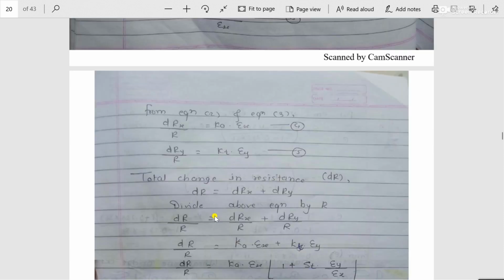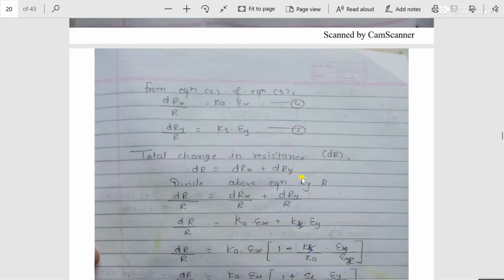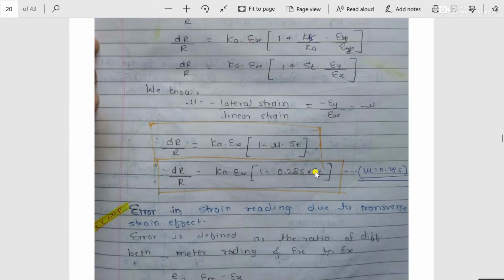So this is about the concept of transverse sensitivity and the cross sensitivity. In the first phase we have derived the small derivation to calculate the change in resistance in the form of transverse sensitivity, and why this transverse sensitivity and cross sensitivity factor we have to consider in strain gauge applications.